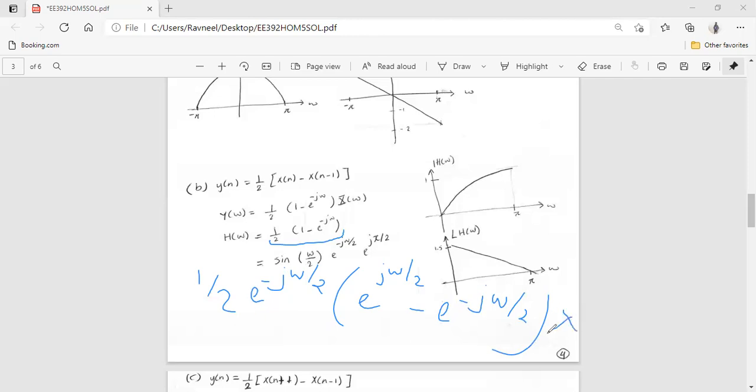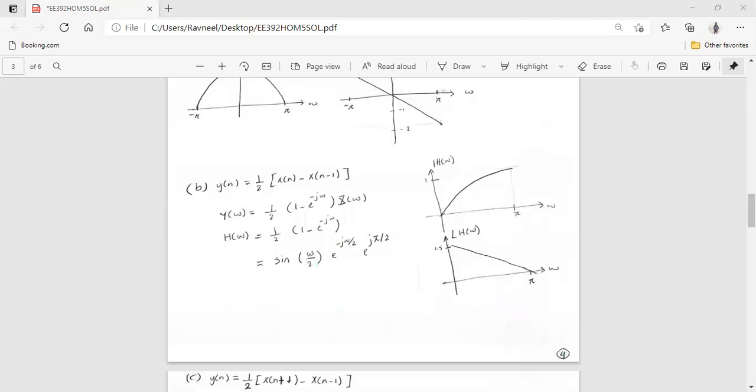We can multiply the whole term with j upon j, right? If we multiply both top and bottom with j, we'll be left with j e to the power of minus j omega upon 2 sine of omega upon 2, right?